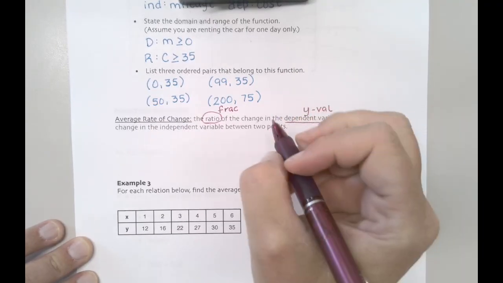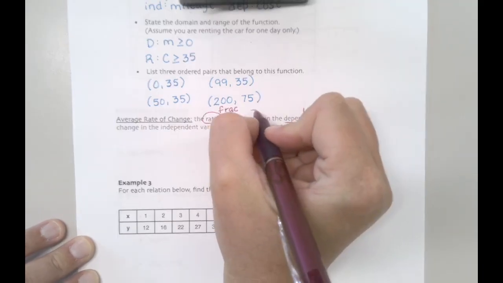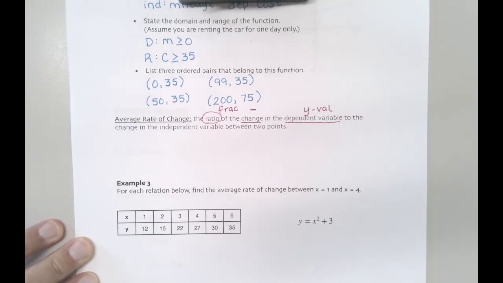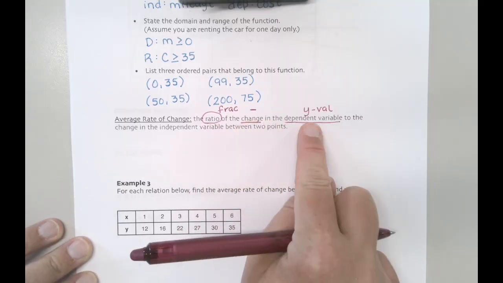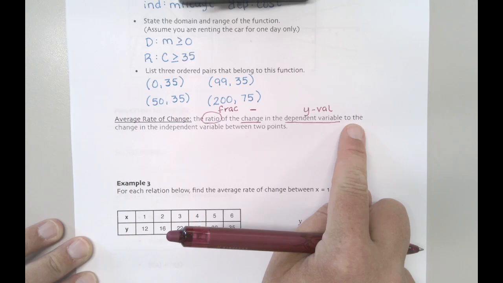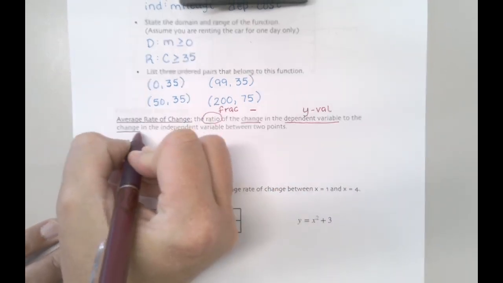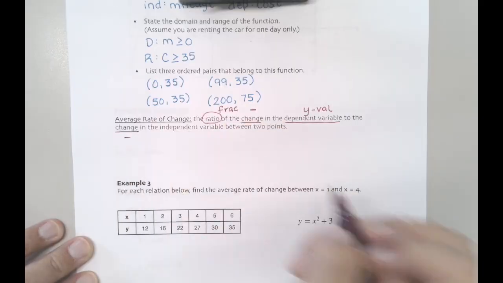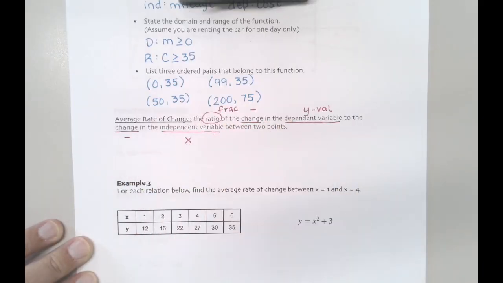And if we're looking at change in the dependent variable, that's telling me that I'm going to subtract. So this is where we start: we subtract the y values, and then we set it up in a fraction with the change, which again is going to be subtraction of the independent variables, which are your x values.